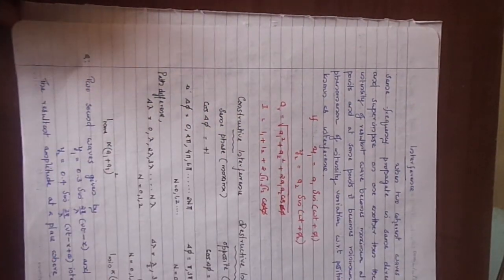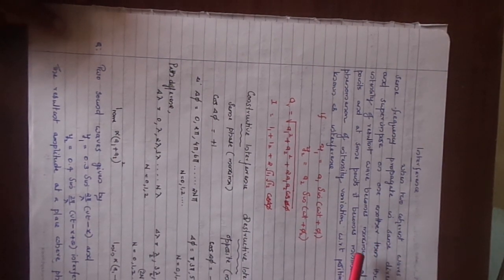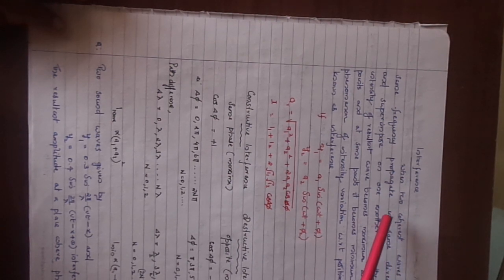So here, interference is nothing but the phenomenon of intensity variation with respect to position. That is interference: when two coherent waves of the same frequency propagate in the same direction and superimpose on one another, then the intensity of the resultant wave becomes maximum and minimum at some points.